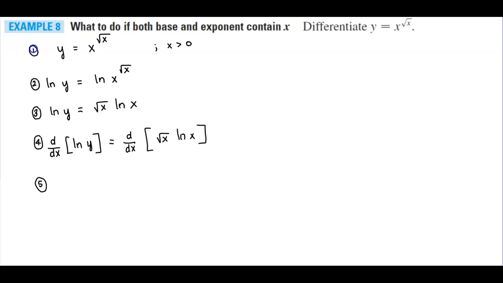So here we're going to have 1 over y times y prime. On the right side, we're using the product rule. So we're going to take the derivative with respect to x of the square root of x times the natural log of x, plus we're going to take the square root of x and multiply that by the derivative with respect to x of the natural log of x.